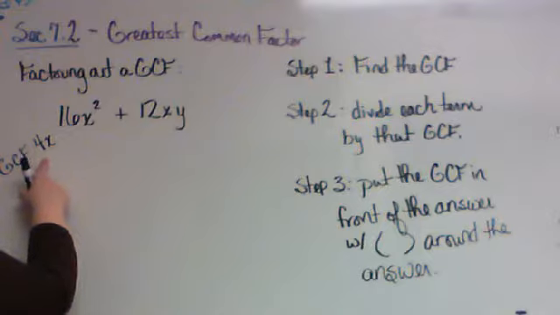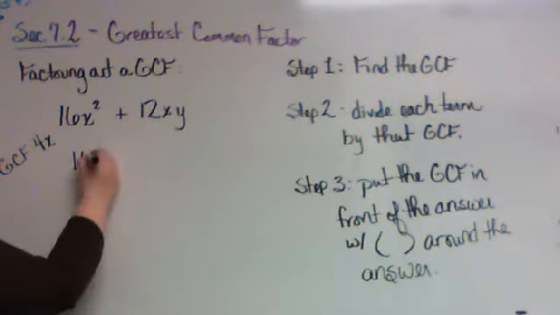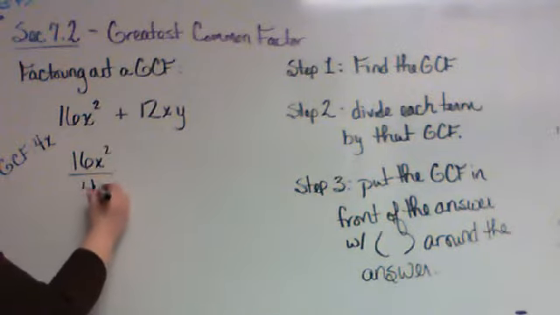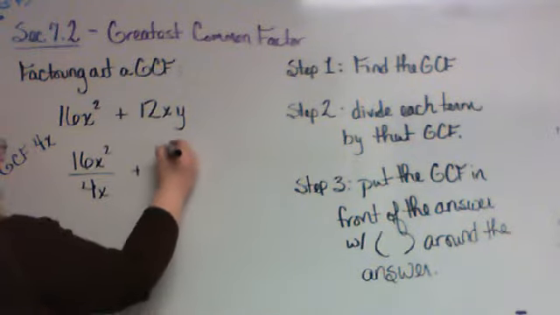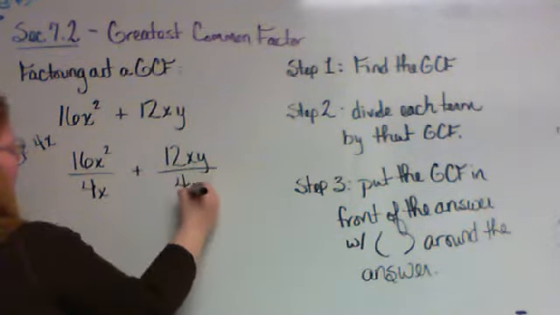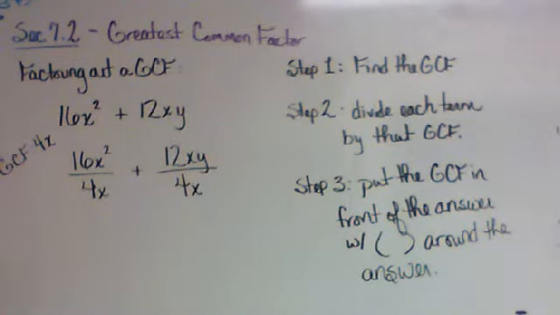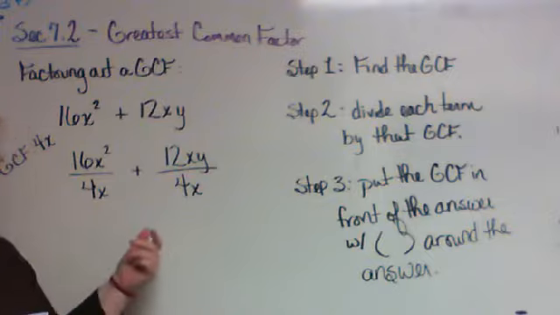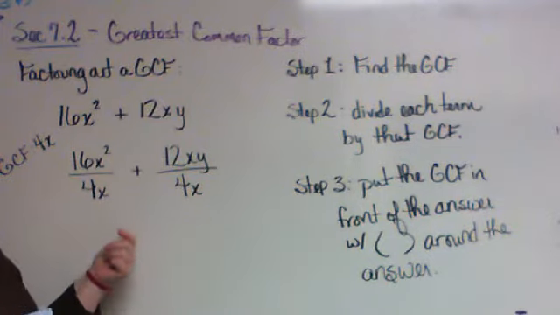That's it. So now I need to be able to go 16x squared divided by 4x plus 12xy divided by 4x. Now I know we didn't set it up quite like this when we covered these things, but you can still do it because we worked on all of our exponents that way.